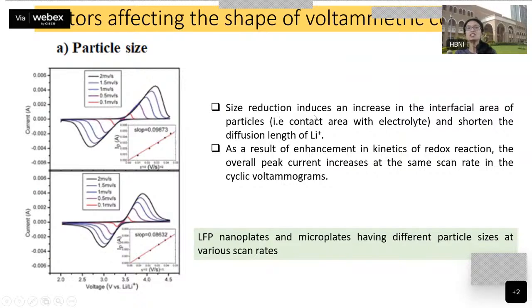Because size reduction induces an increase in the interfacial area of the particles, that's the contact area with the electrolyte, and it shortens the diffusion length of lithium. So the current is much more. As a result of enhancement in kinetics of redox reaction, the overall peak current increases at the same scan rate in the CV plots. So you can see that as you decrease the size, the current value increases.